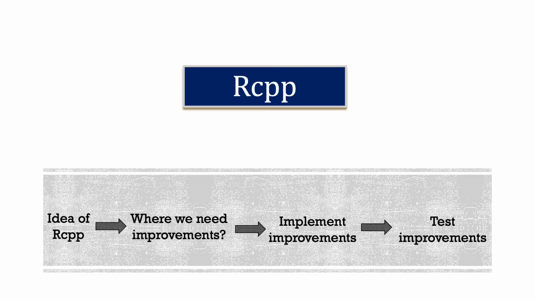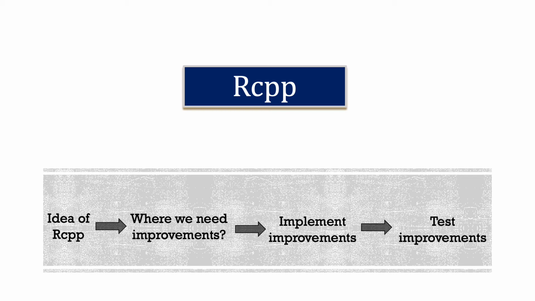First, what is Rcpp? Rcpp is a package in R that binds the power of R and the efficiency of C++. We first identify the places where the existing package could be slow, such as the for loops that interpreted languages such as R are not very good at. Then we implement the related functions in C++ code.